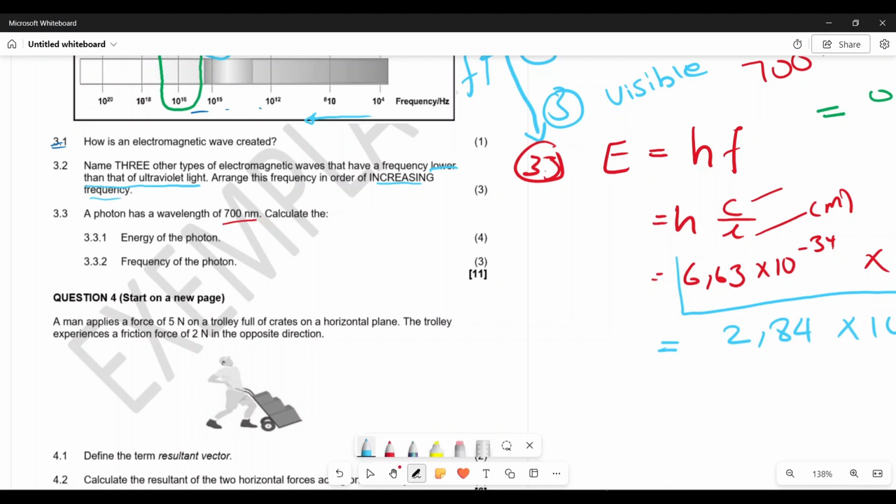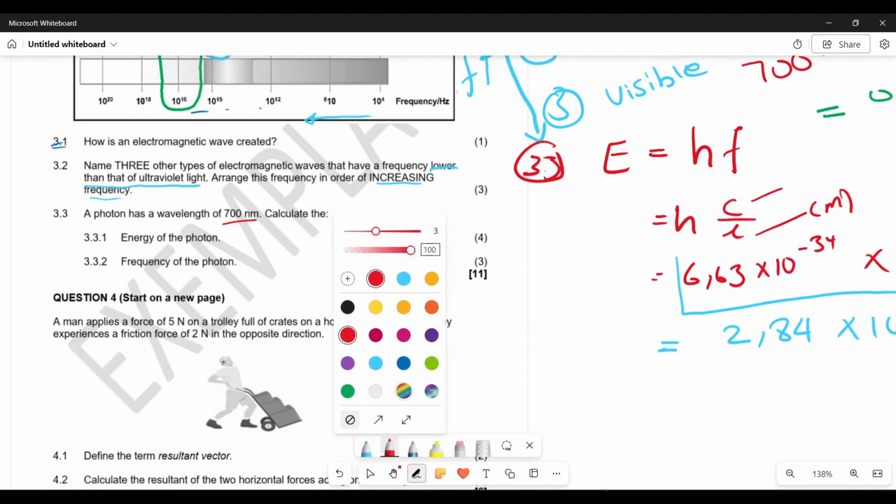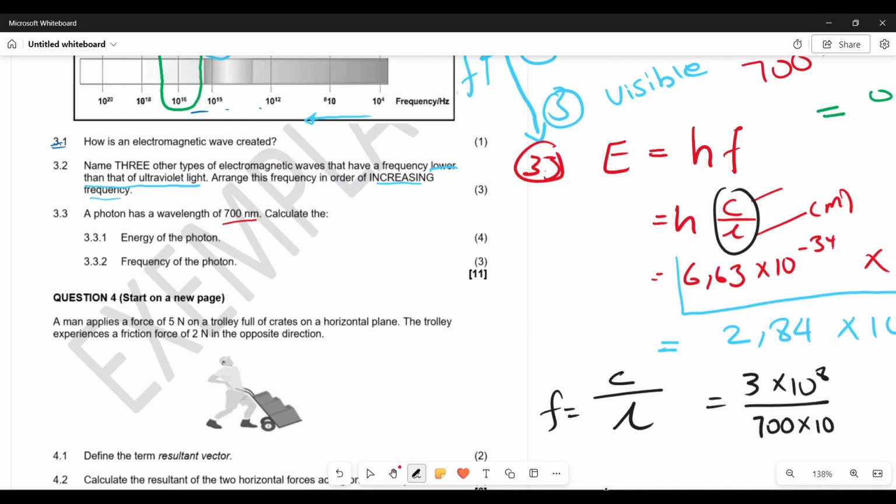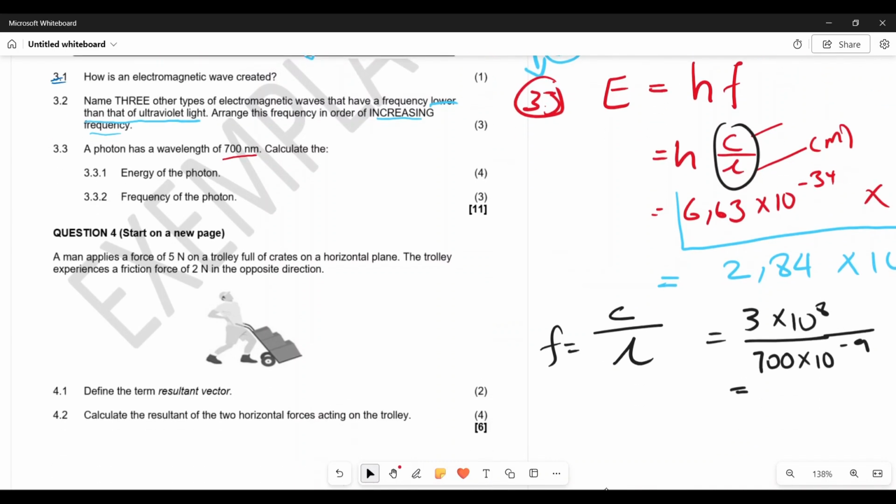Now, the preceding question wants us to calculate the frequency of the photon. Remember the formula for your frequency: it is c, the speed of light, divided by lambda, and we already did that here. Your speed of light is 3 multiplied by 10 to the power 8, and your wavelength is 700 multiplied by 10 to the power negative 9, because this was in nanometers.